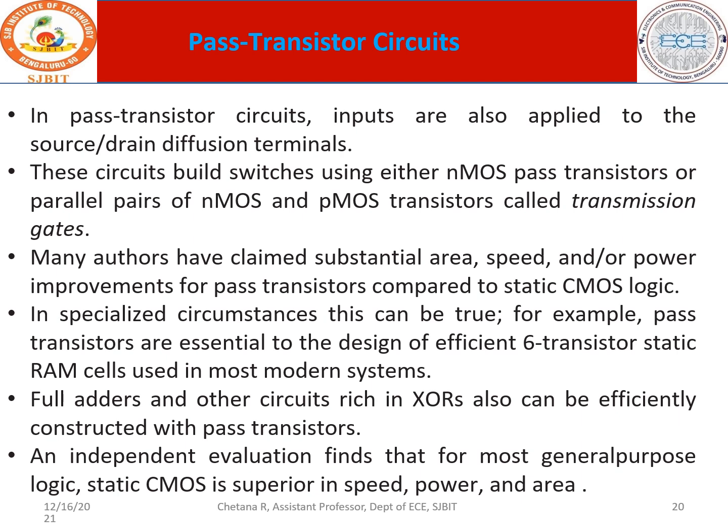Full adders and other circuits also use the pass transistor concept, which is efficient, and an independent evaluation finds that for more general purpose logic, static CMOS is superior. So when you see it as an independent evaluation, static CMOS is still better in all aspects in terms of speed, power and area.